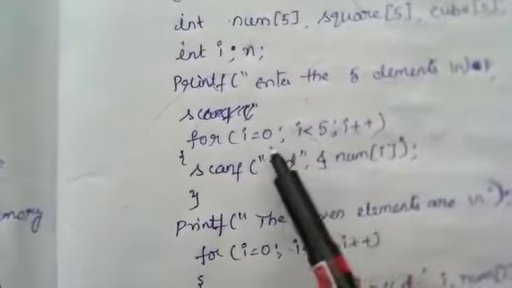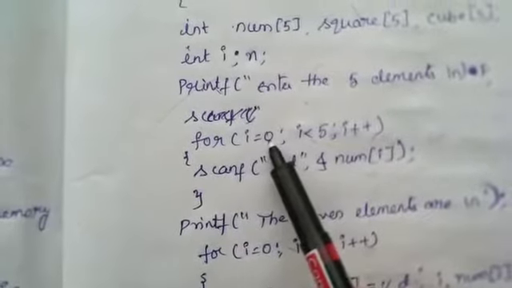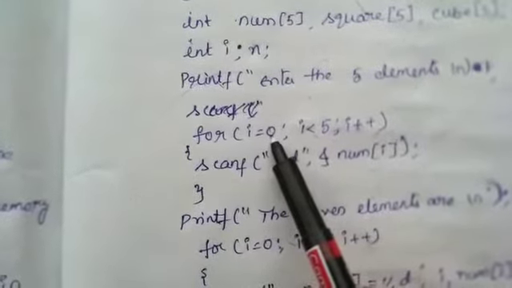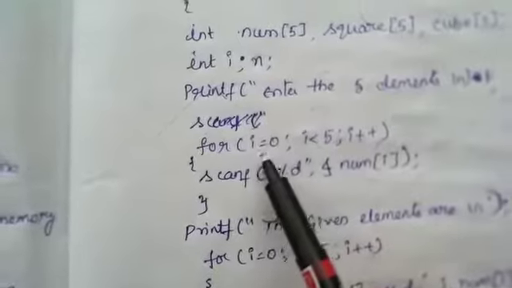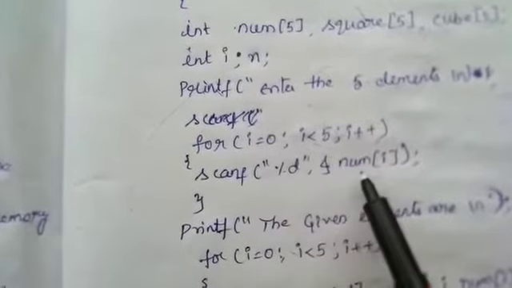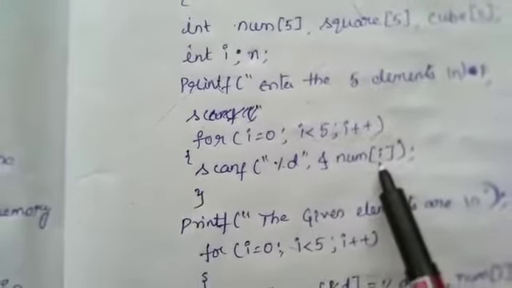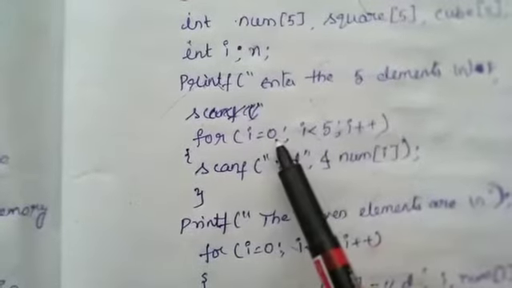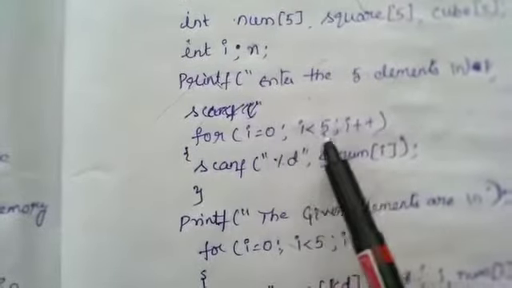First i is equal to 0. Whatever element you give, that element is stored in num[0], and after that i is incremented. Next i is 1, is 1 less than 5?